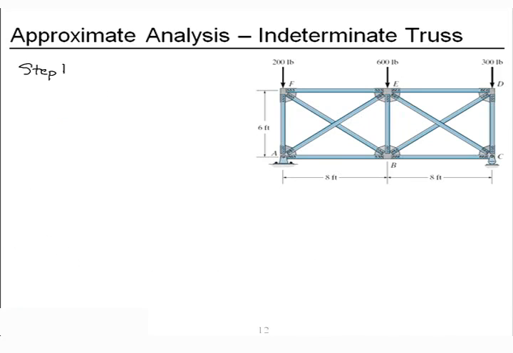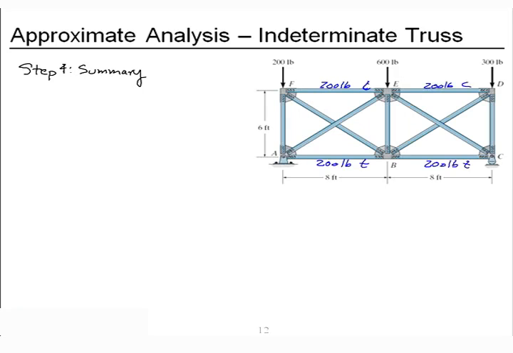Let's summarize what we learned in our analysis in steps 3 and 4. Each of the top chords is 200 pounds compression. Each of the bottom chords, 200 pounds tension.